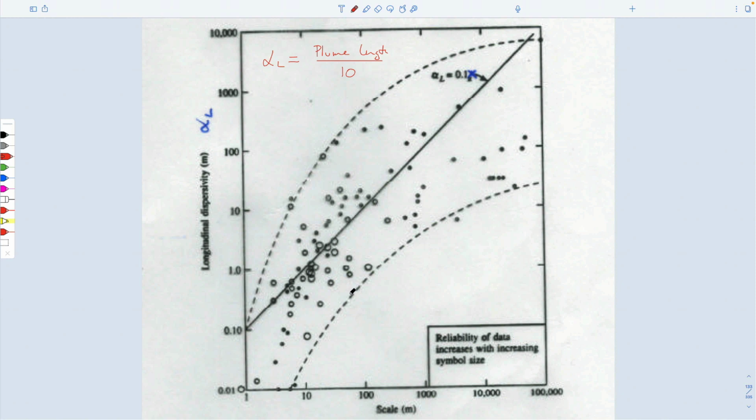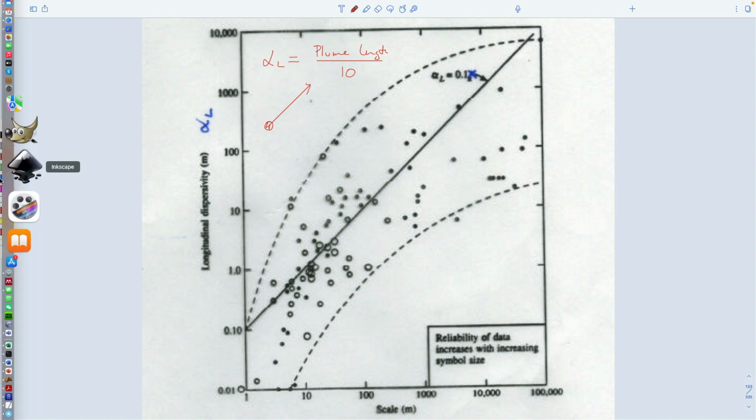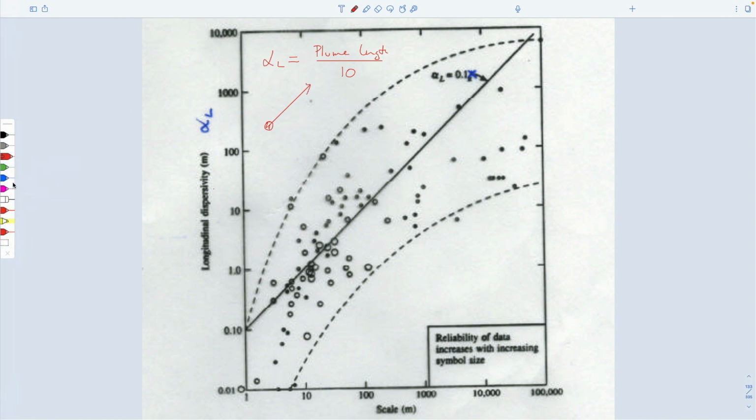These are measurements taken from a whole bunch of plumes at a whole bunch of different scales. The scale would be, I suppose, the length of the plume. We've drawn it as this multiple times, right? So the length of the plume that we're talking about is this.